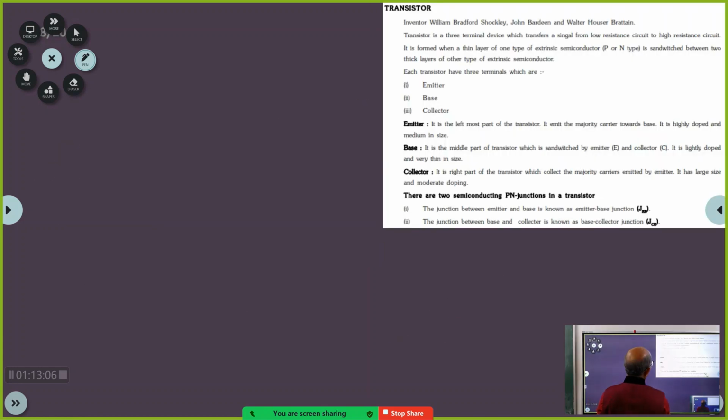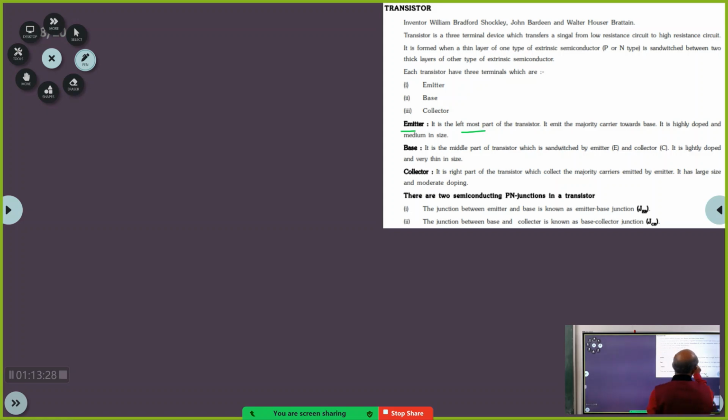Transistor, they have started with the NPN and PNP transistors as 3 doped regions, forming PN junctions between them. Okay. Emitter is moderately sized and listen. See here. Emitter, it is the leftmost part.